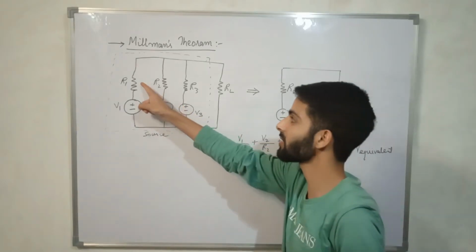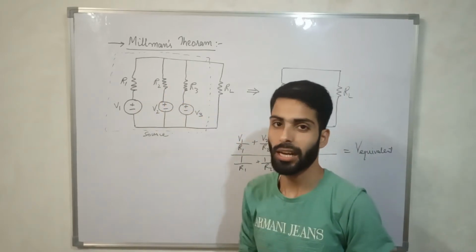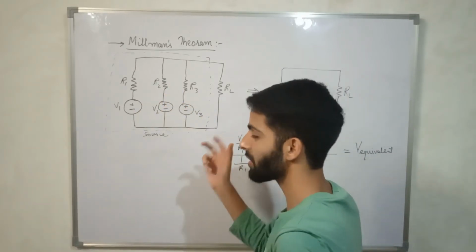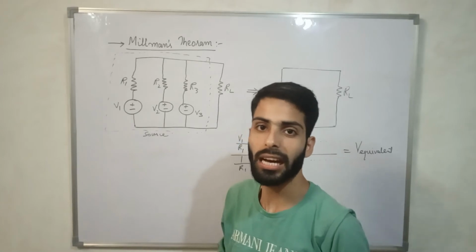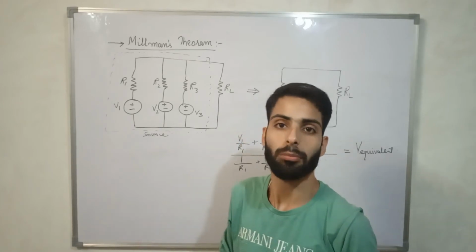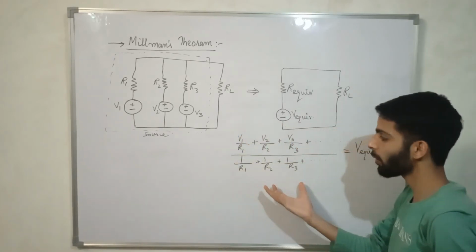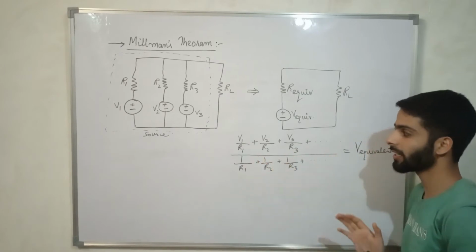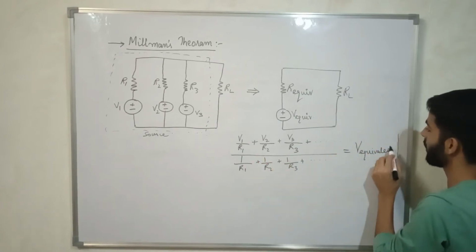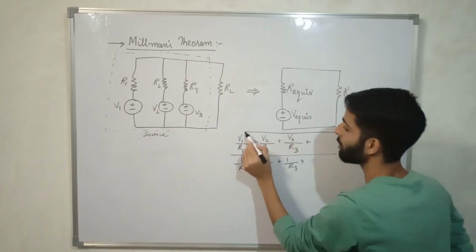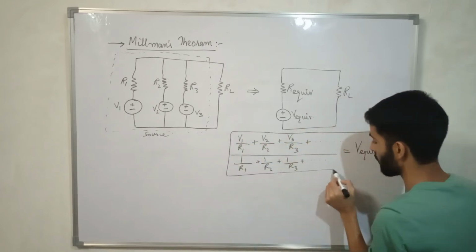Because all those resistances are in parallel, and if we recall, resistances in parallel are added after reciprocating them. So the equivalent voltage from all those voltages will be found like this.